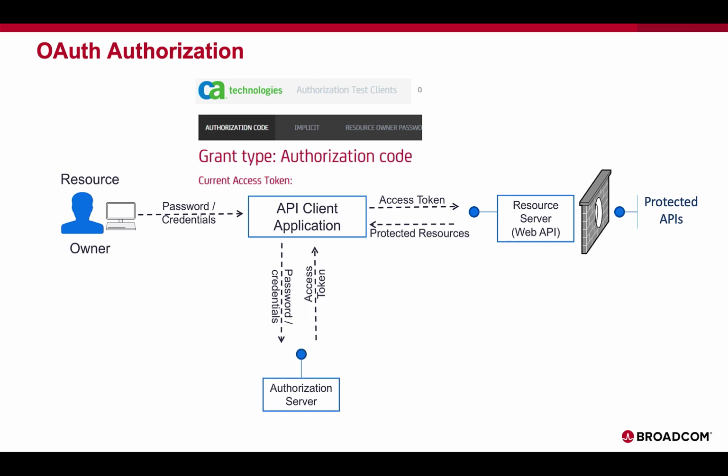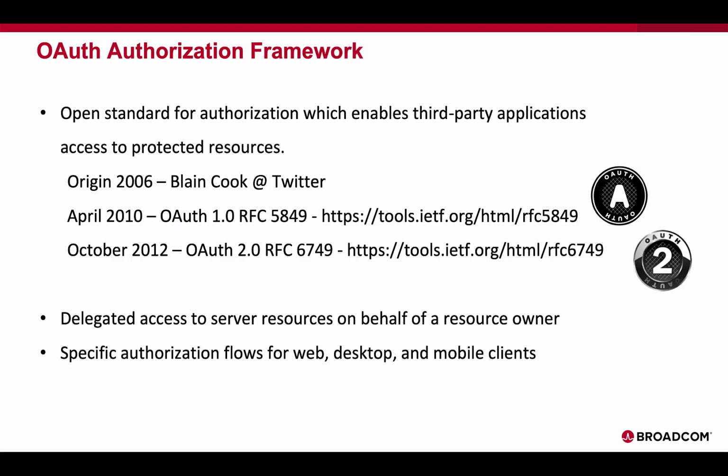OAuth Authorization Framework initially began in 2006 at Twitter. Now, OAuth 2.0 was formalized in RFC 6749 in October of 2012 as an open standard for authorization. It delegates limited access to client applications against protected API resources on behalf of the resource owner.